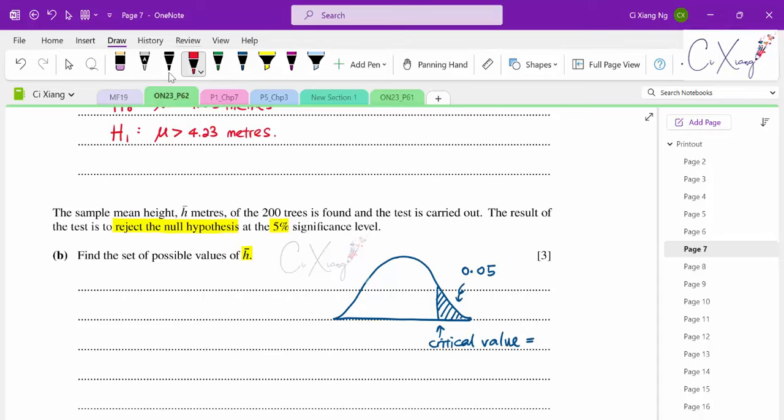So this critical value is the value of Z. Instead of looking for the area 0.05, because the normal distribution table doesn't provide us the value of Z based on the small area, you have to look for the large area, which is the complement of 0.05. So what is the complement of the 0.05 area? It should be 0.95. So instead of looking for 0.05, I'm looking for 0.95 for the value of Z.